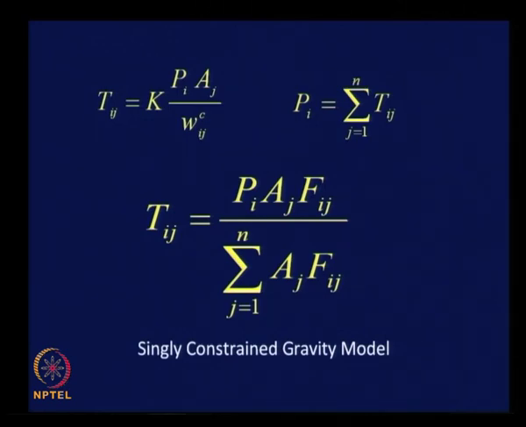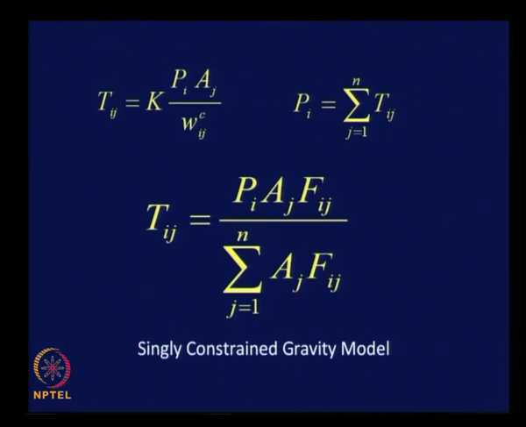What did we do with the other constraint related to trip attraction Aj? We satisfied that constraint by iterative process when we distributed the trips.